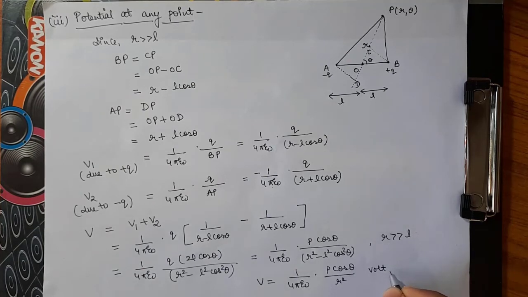See, we can get all the three cases from here only. If we put theta equal to 0, we get the axial point potential. It will come out to be the same. And if we put theta as 90 degrees, then we get the equatorial point, that is potential is 0 because cos 90 is 0.